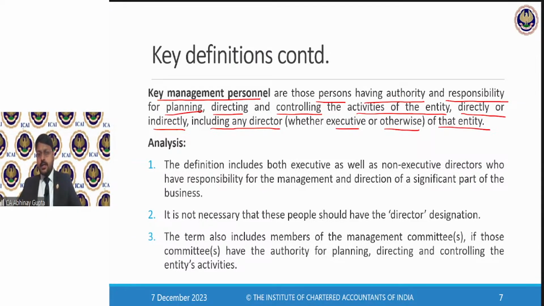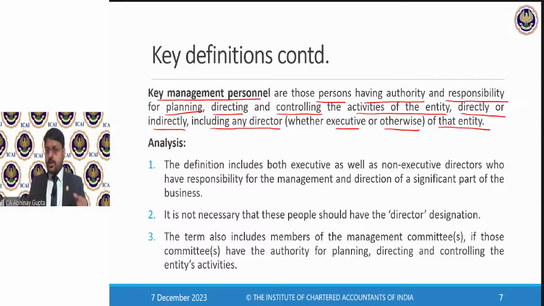So KMP means any person or group of persons or committees who are involved or cast with the responsibility of doing all the planning for the future affairs of the company, directing how the affairs need to be conducted, and controlling those affairs or activities of the entity, either directly, that is by exercising their individual power, for example CMD, CEO, chairman, etc., or indirectly through some other person, for example directors who are appointed by the company.